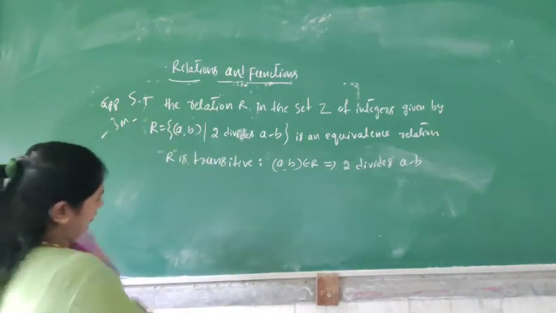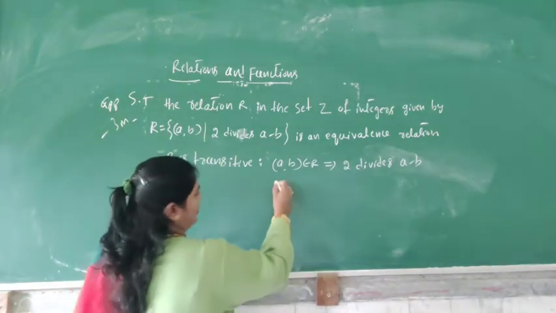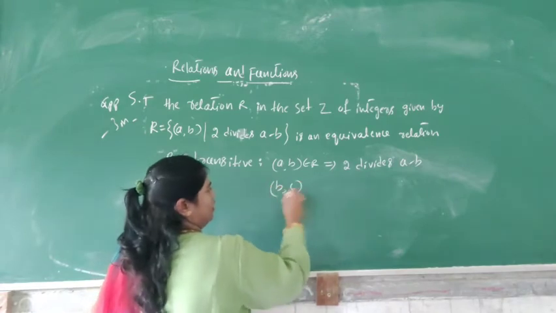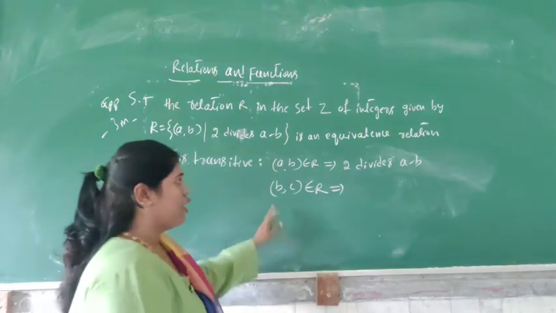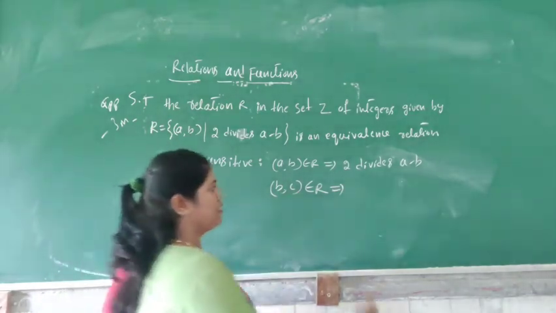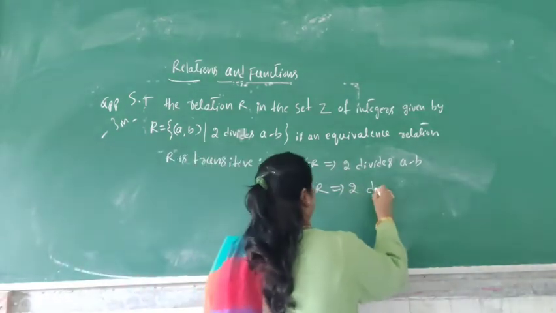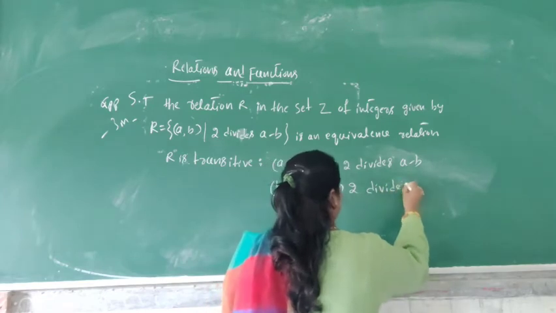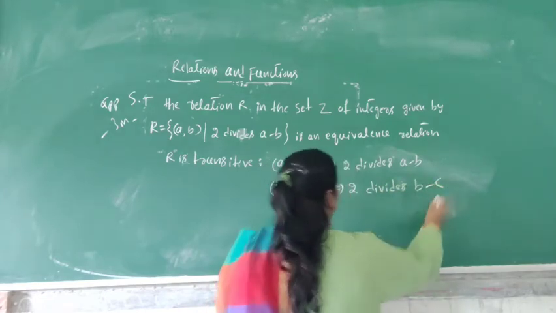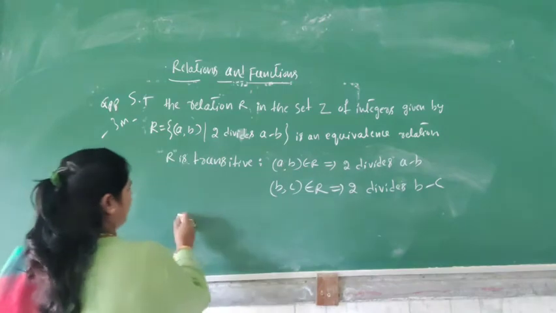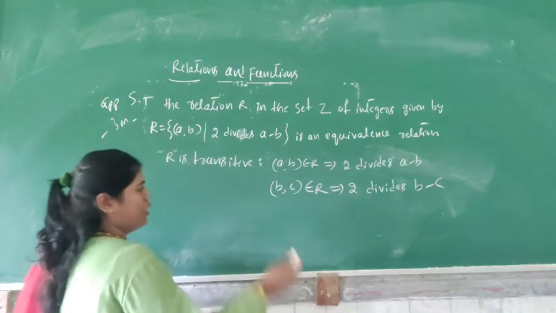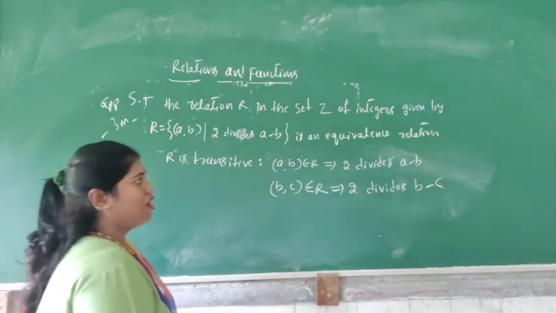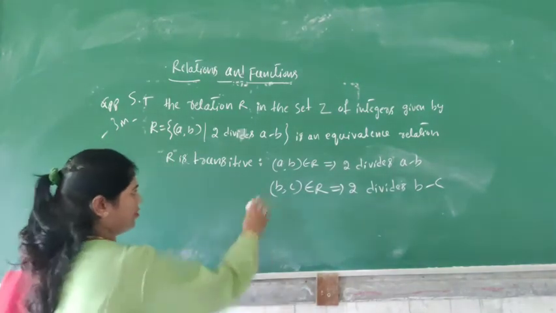What is the next one after (a, b)? (b, c) belongs to R implies 2 divides b minus c. What do we have to write? If (a, b) belongs to R implies 2 divides a minus b, and (b, c) belongs to R means 2 divides b minus c.